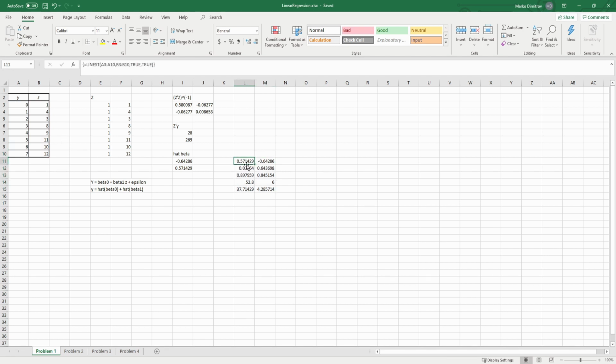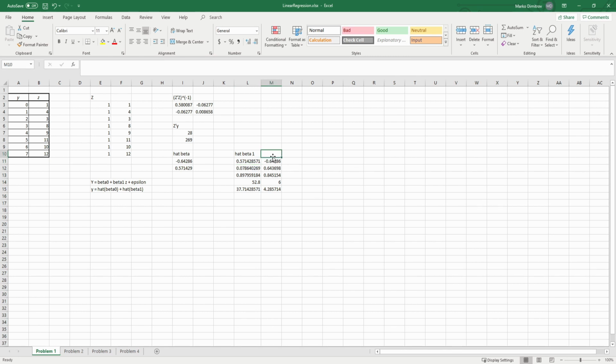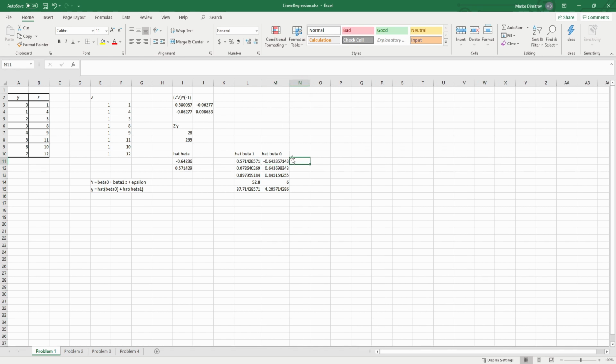Okay, so first what we have here is our beta 1 hat, the first one. The second one is our beta 0 hat. As you can see, the values are the same as what we got here. If we had beta 2, beta 3, we would need to select more columns.